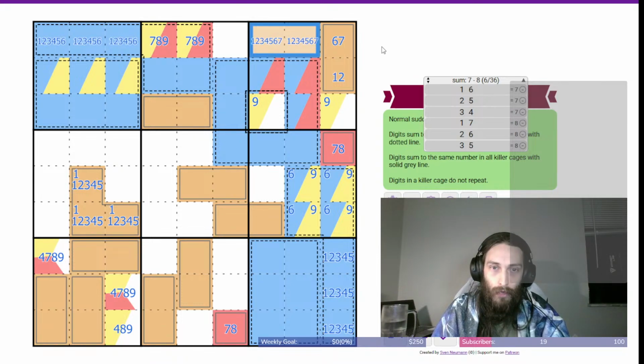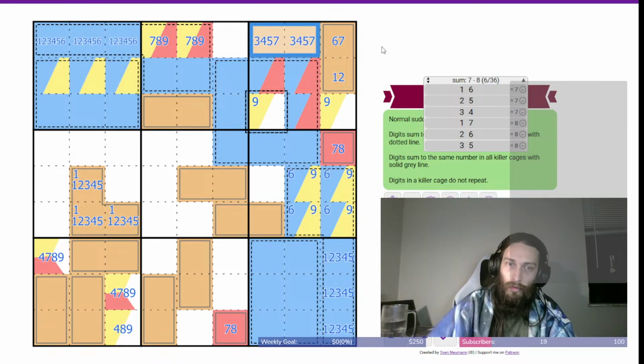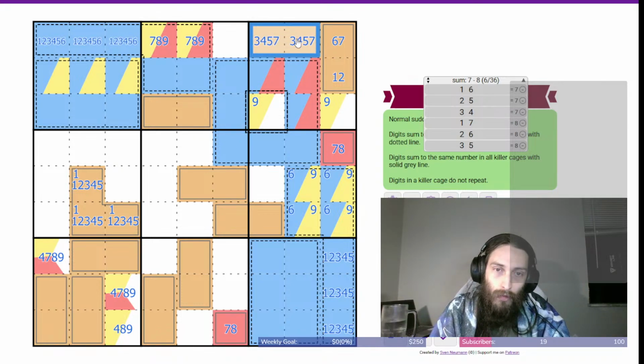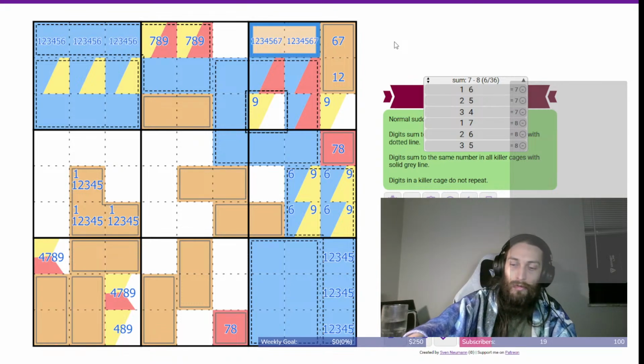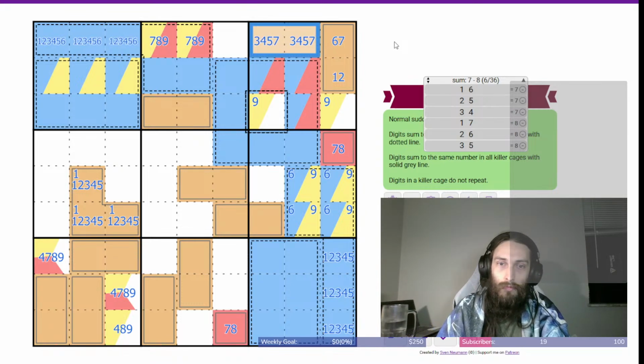To recap, 1, 2, and 6 still allows for 7 being 3, 4, and 1, 6. No, because it's 1, 2, 1, 6. 2, 6 is blue, and that would make that a 7.